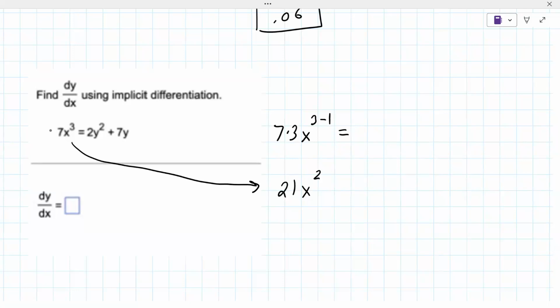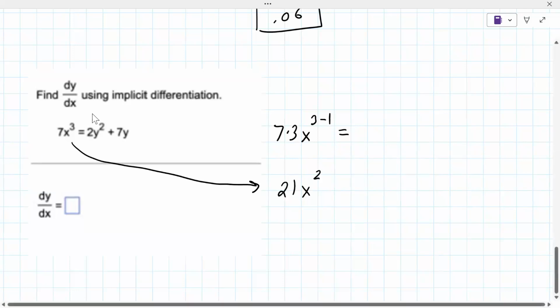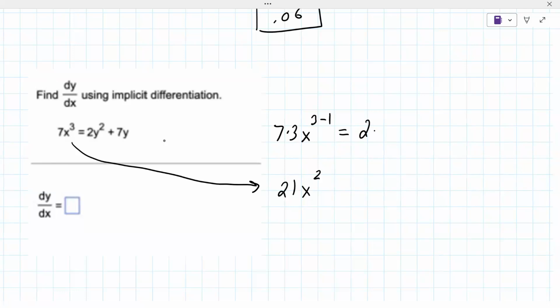We'll be optimistic here. So with y, it's one big difference. So you take the derivative just like you did for x. So you bring that 2 down, you subtract 1 from the exponent. But whenever you take a derivative with respect to y, you write a dy/dx. You write it in the equation? Yes. Okay.